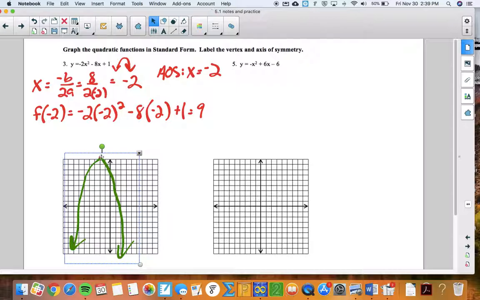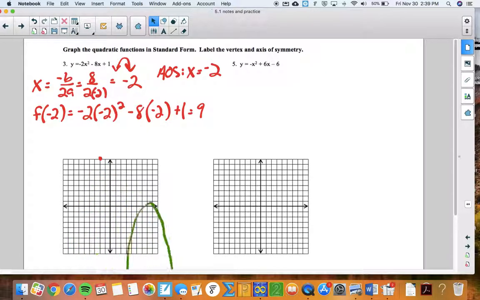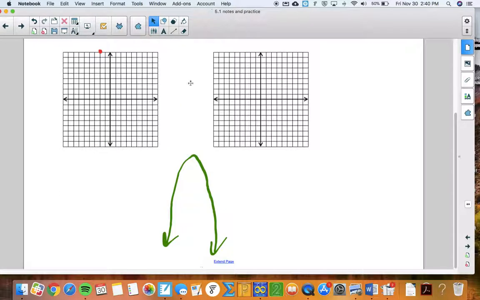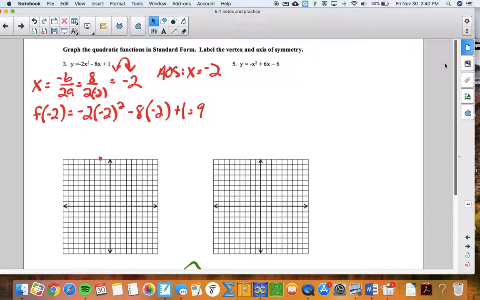I'm going to get one point to the right of the vertex, and then I can just transpose that across the axis of symmetry. If I get a point right here, I know the point to the left of the vertex is right there. So I'll get one to the right, which gives me one to the left, and then I'll calculate one more to the right, which will give me one more to the left of the last dot that I reflected. So let's get rid of that sketch.